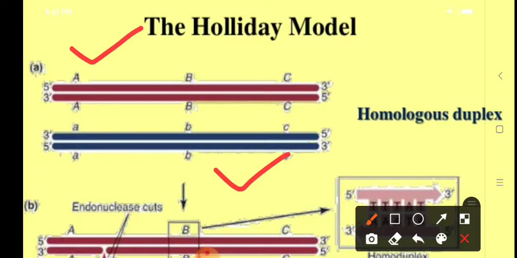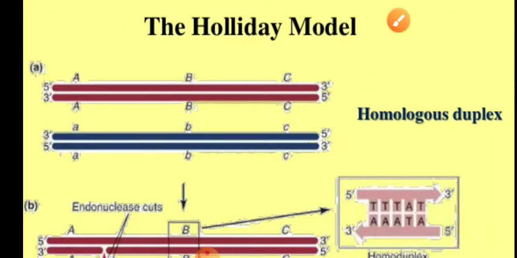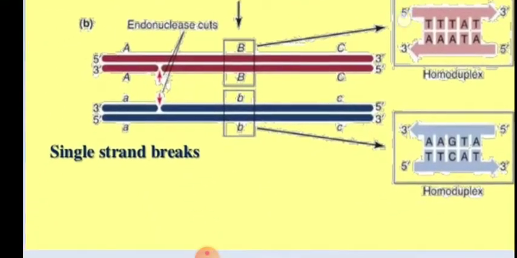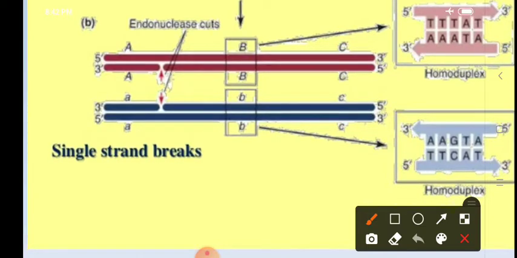One duplex is shown in red, another in blue. Out of the two strands, one strand of both duplexes is nicked, as you can see in the lower strand here. One strand of each duplex is nicked by endonuclease. That is called a single stranded break or single stranded nicking.